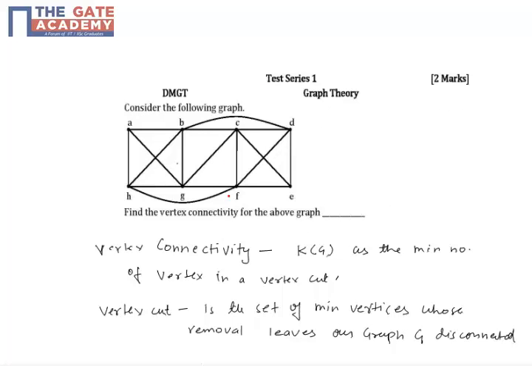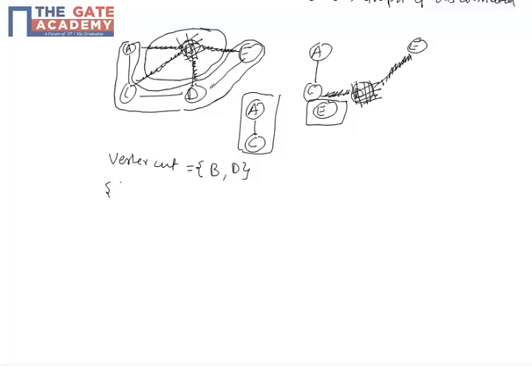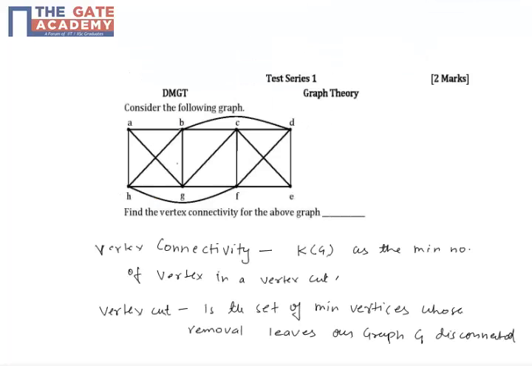Okay, so likewise we have to find it for this graph. One of the vertex cuts is B, C, and F. If I remove B, C, and F, it will leave my graph in a disconnected position.